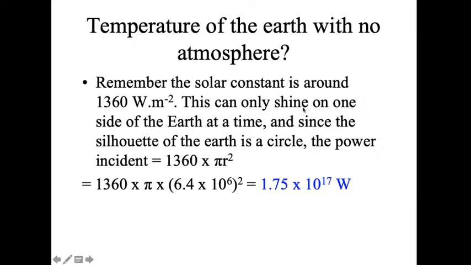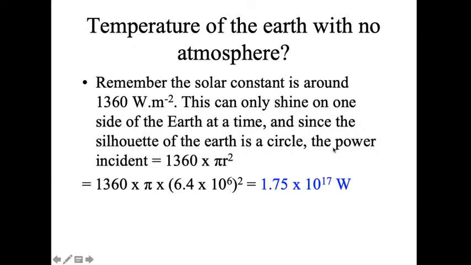So it can only shine on one side of the Earth at a time. The silhouette of the Earth is a circle, right? The cross-sectional area would be the circle. So we're going to use pi r squared, which is area of a circle, where the radius, the r, is the radius of the Earth, 6.4 times 10 to the 6 meters. You can find that on the formula sheet as well.